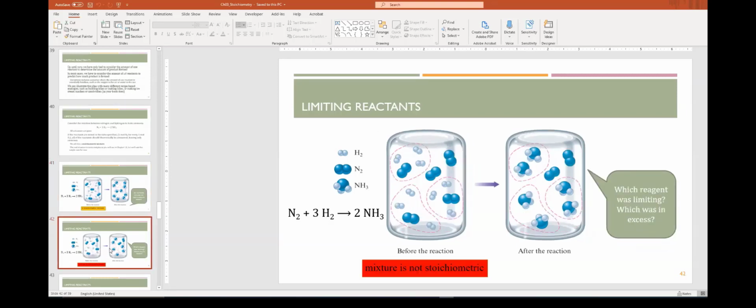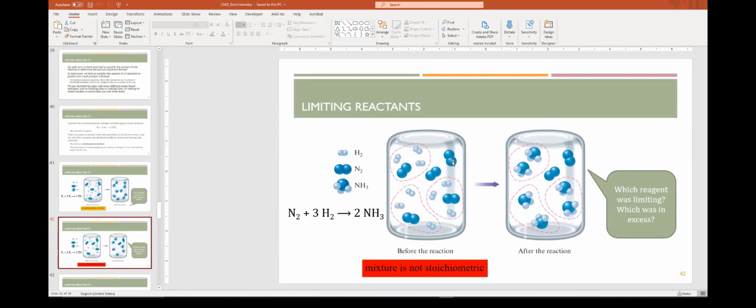This is a non-stoichiometric mixture. What do we have more than enough of? What do we have excess of, according to this picture? We have more nitrogen than hydrogen? Yeah, and I don't want to say more nitrogen than hydrogen. According to the reaction ratios, we have more nitrogen than hydrogen.